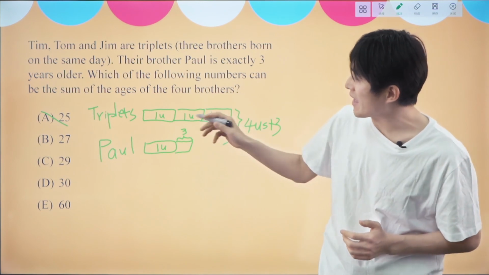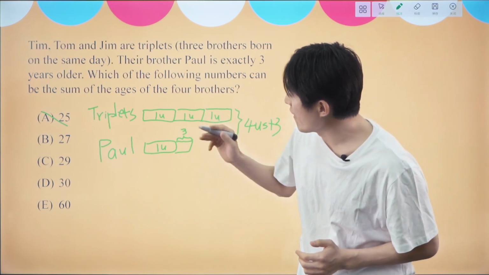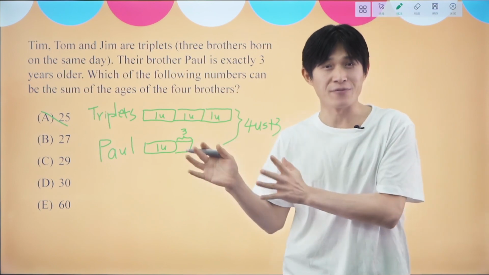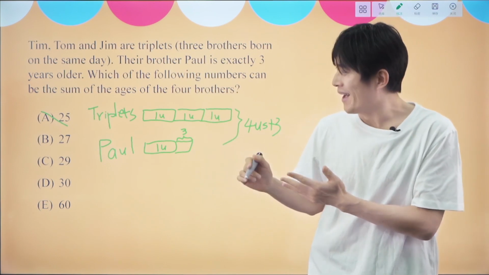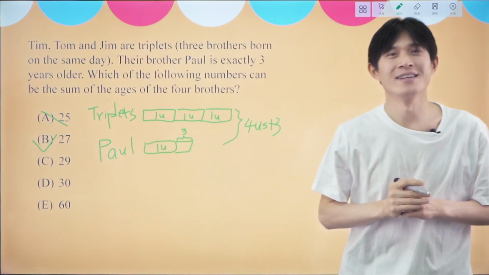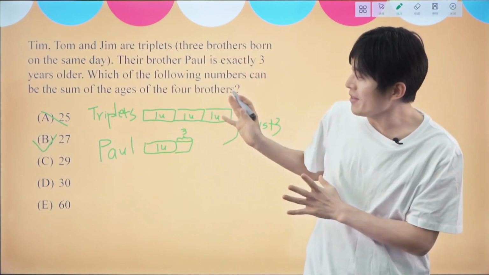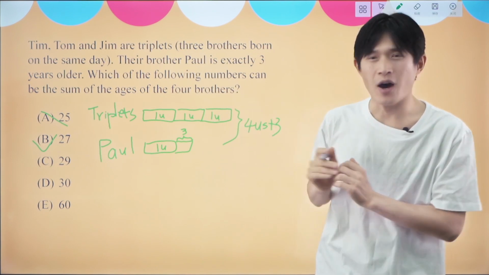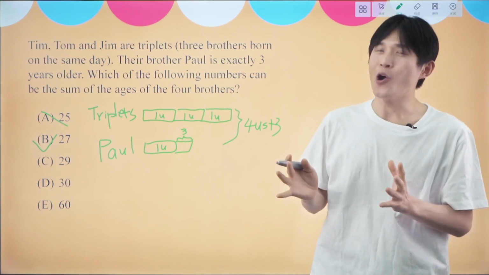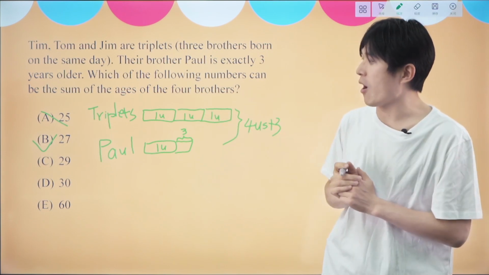So that gave us the value of 1 unit, 6. So 6 times 4 is 24. That must be 27, because there's only one correct option. We don't have to go through all the options. Now you know how to solve this problem.